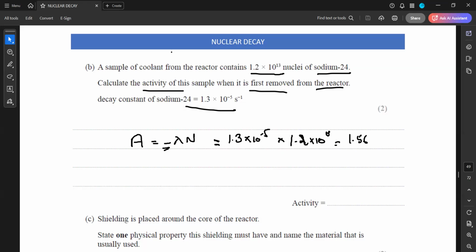When we multiply 1.3 × 10^-5 by 1.2 × 10^13, it will be 1.56 × 10^8 s^-1, which is the activity.